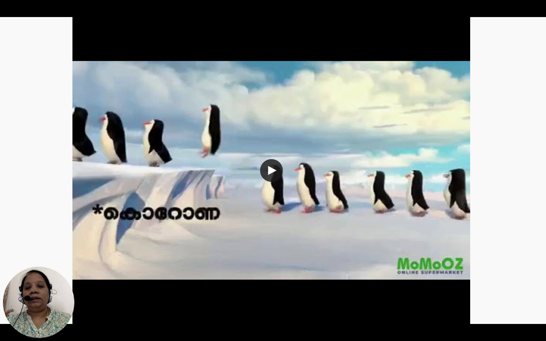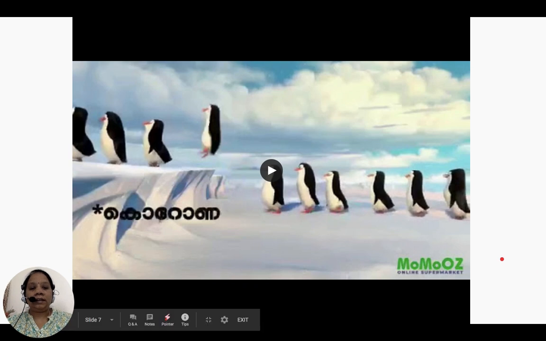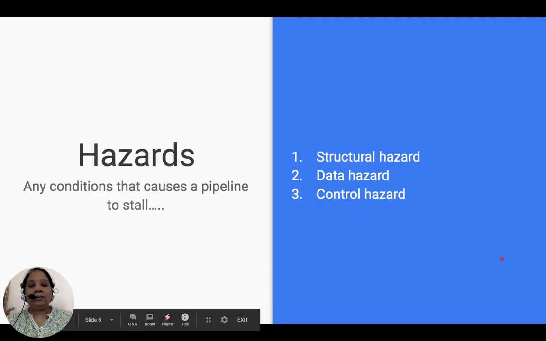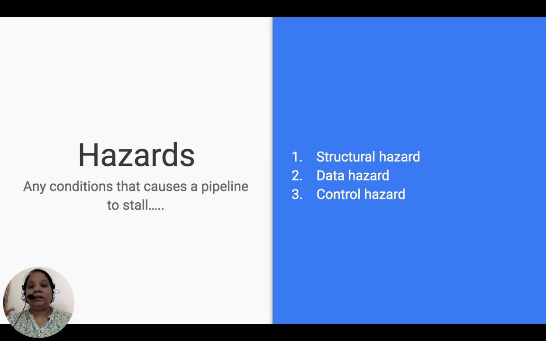Even if there is a delay in one instruction, either in fetching, decoding or execution, that delay continues throughout the pipeline, and the entire pipeline would be stalled or paused. It would not follow its regular time. So that is what we call hazards. These hazards are possible in any pipeline processor.